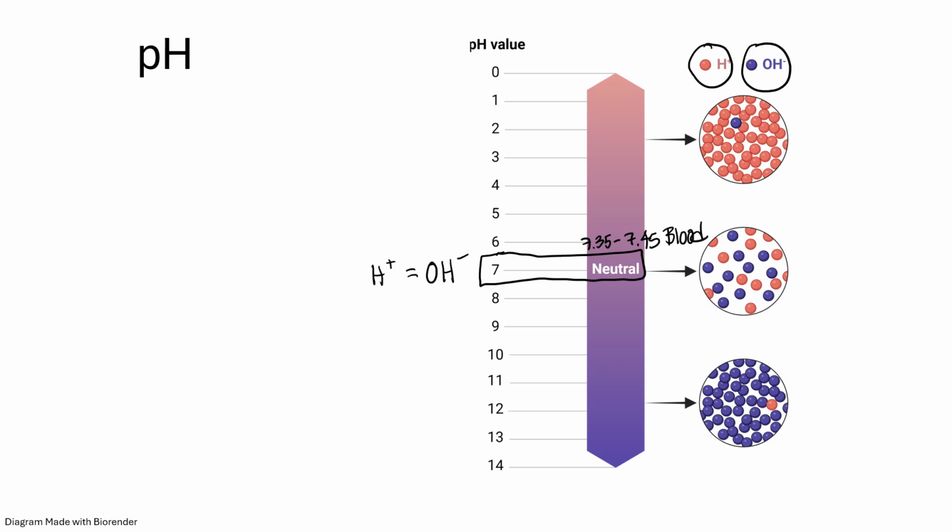All right, let's first consider acidic substances. These are substances that have a value of 0 to 7 on the pH scale. These are substances that have an excess of H+ cations compared to the OH- anions.